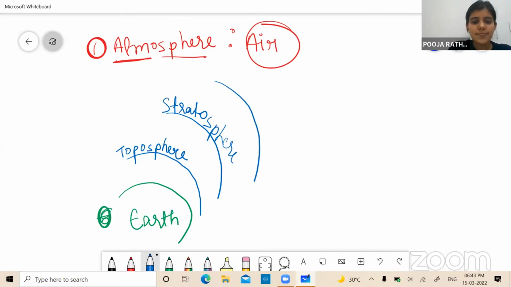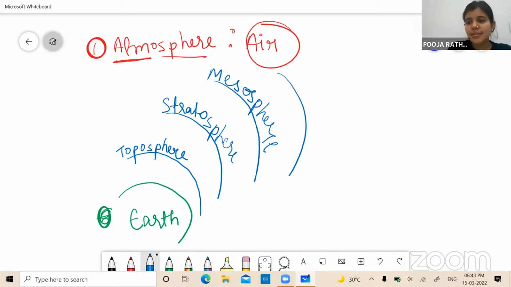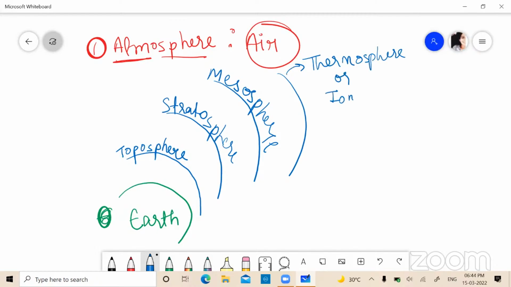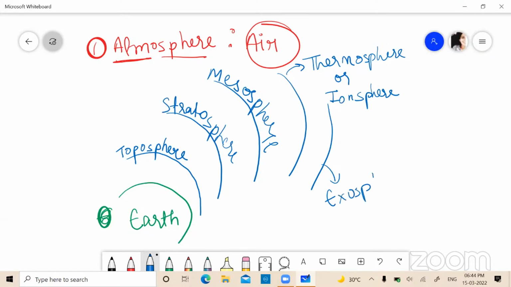Then the third layer is called the mesosphere. And the fourth one is the thermosphere, and another name for thermosphere is ionosphere. And the last layer is called the exosphere. Yes, correct. So these are basically the layers of atmosphere over the Earth, in which the atmosphere is divided.